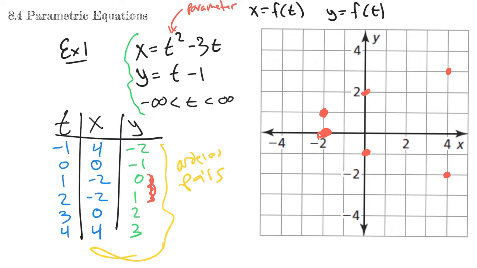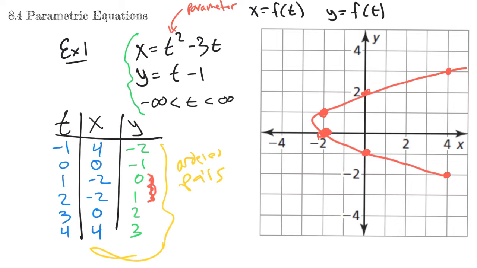I'm not too worried about that right now. So I'm going to graph, and what we do here, we make this parabola, goes like that. Since the t values are from -infinity to infinity, it's going to continue both before where we started at this first point and after where we finished. So we can continue this with arrows, but you have to be really careful. This graph has direction, okay?